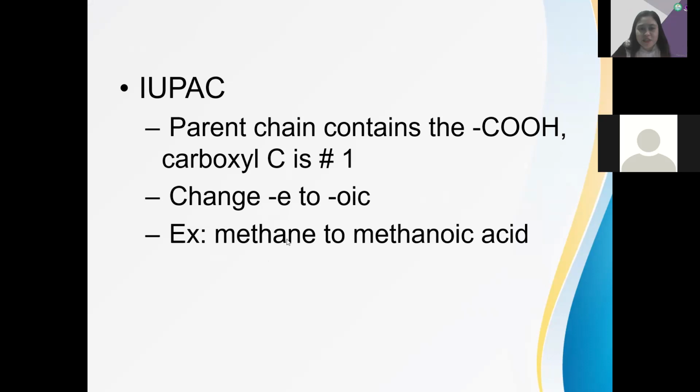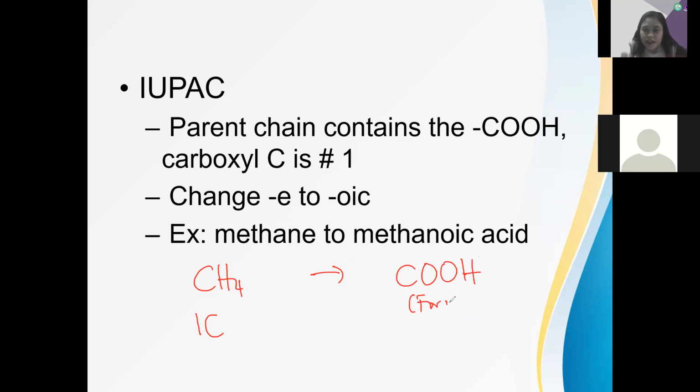Okay, sige. So, just like this, remember when you say methane, class, let me get my pen. I'd like to write sa screen. Sige, so di ba methane is CH4, that's one carbon alkane, but for carboxylic acid, COOH, or the formic acid, which is its common name, is called methanoic acid.